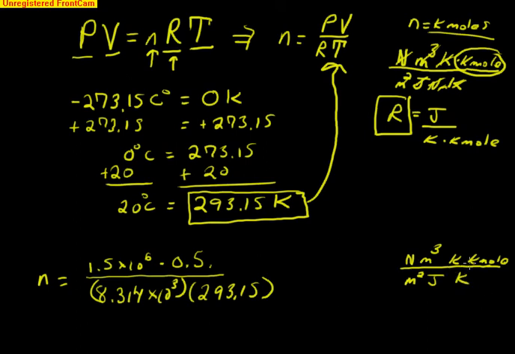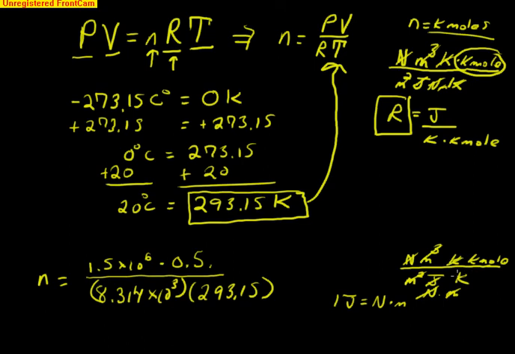Well, what does all this hairy mess over here actually mean? Well, what is a joule? A joule is defined as a Newton times a meter. So if we just put Newton times a meter, well, we have a Newton up here. These cancel. We have meters cubed, and this meter squared times meters. Well, all of these go away.